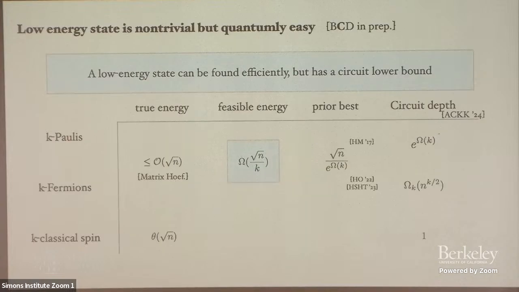Sorry, the circuit depth for the K, is that what you're saying? Or into the K over 2? This is a much deeper circuit. Fermions seem to be more complex in this way.